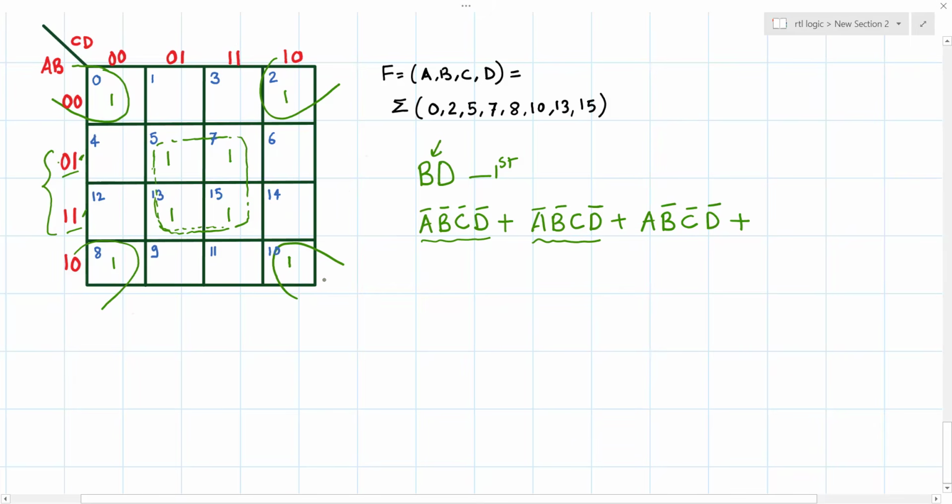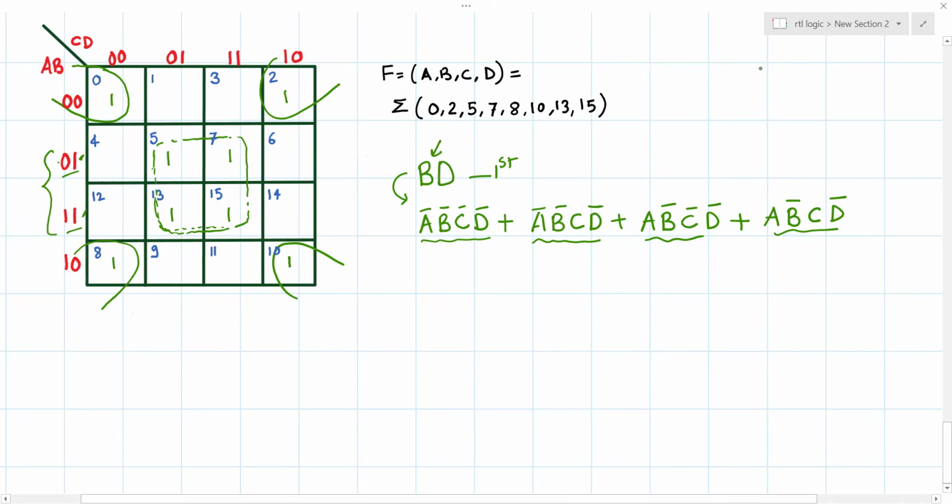Finally, the last one I look for is this one, for which the term is A, B bar, C, and D bar. So now I've got the four product terms, plus the term from the middle group. The final expression would be this term also added to these four terms.